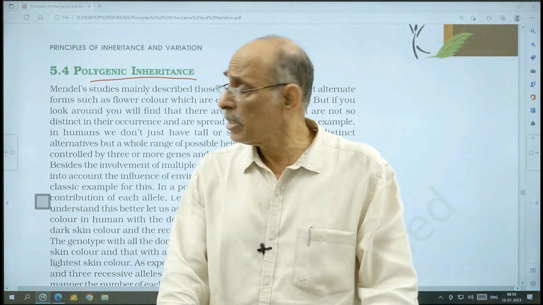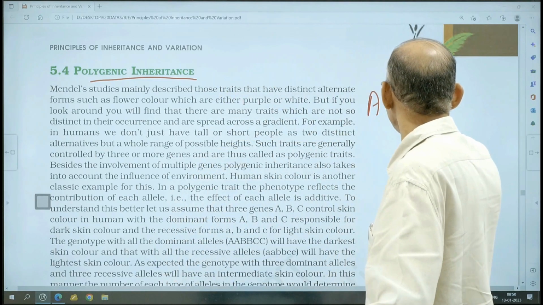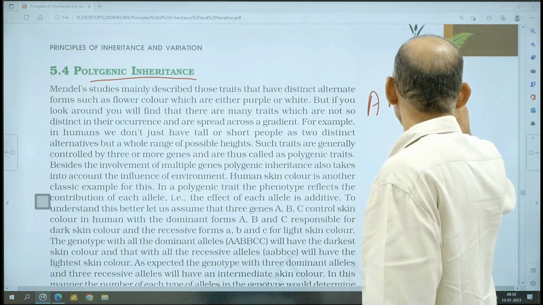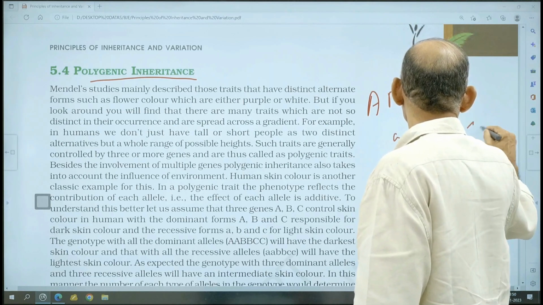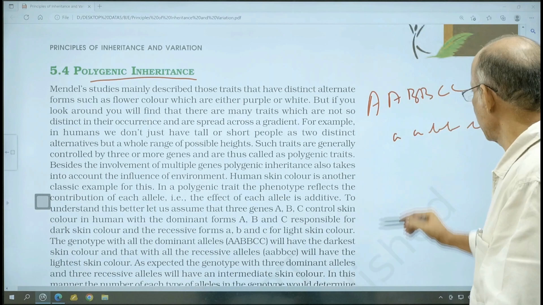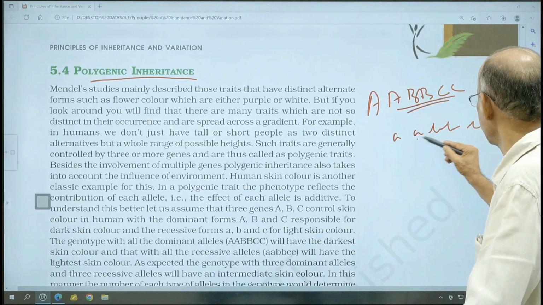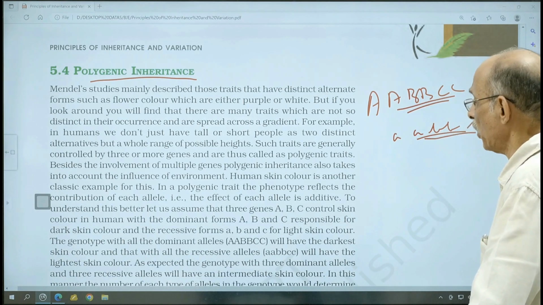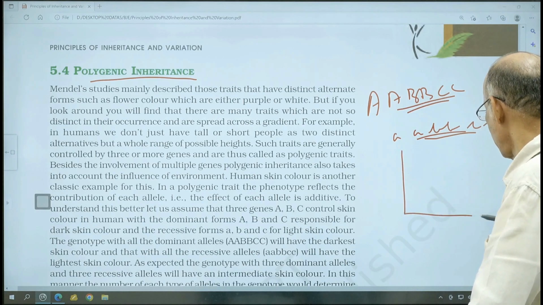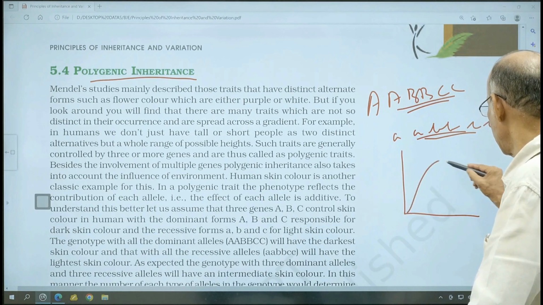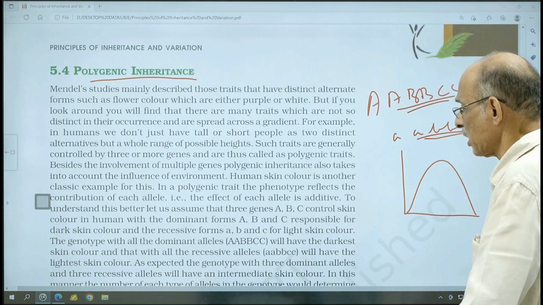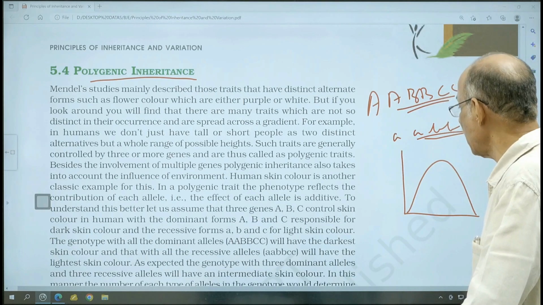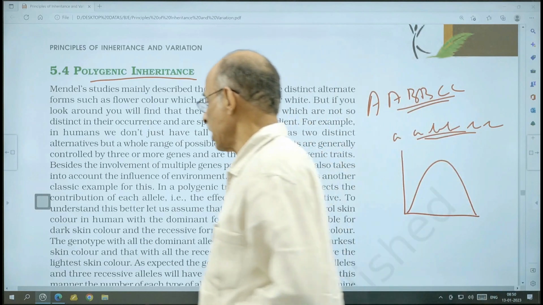In skin color, three dominant alleles are involved, and they produce maximum pigmentation, and the recessive alleles produce only minimum pigmentation. These are known as contributory alleles and these are known as non-contributory alleles. In the F2 of polygenic inheritance, we get a bell-shaped curve. And these polygenic characters are easily influenced by environmental conditions. Okay.